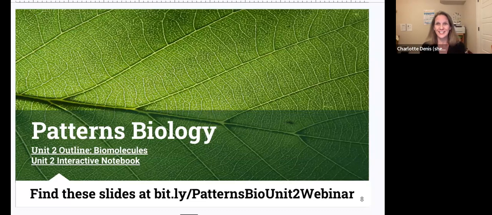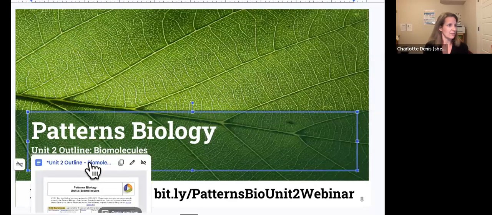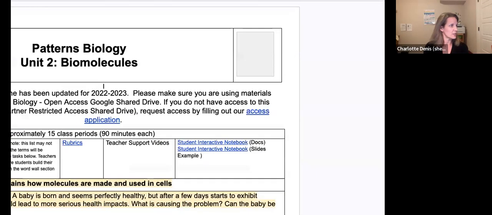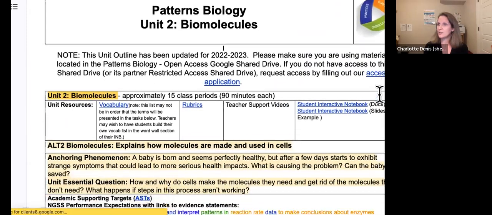That's not our intention. The intention of providing that outline is for you to do exactly that, to be able to see the whole thing in its entirety, along with extensions and assessments. It provides details about the standards that are covered in each one. Let me just shift this over here just for a second to show you.